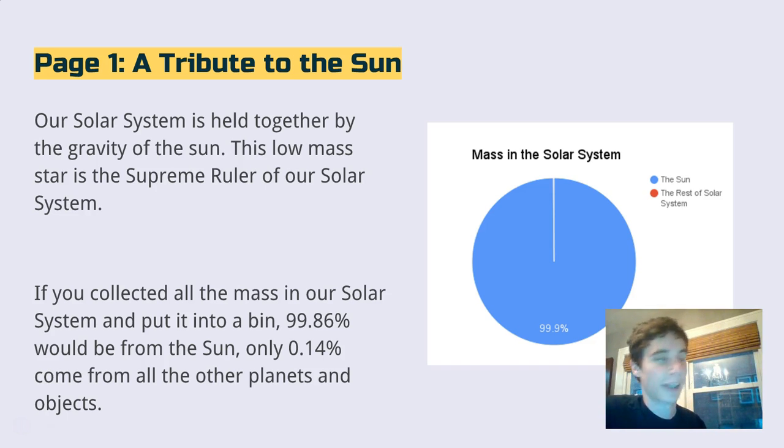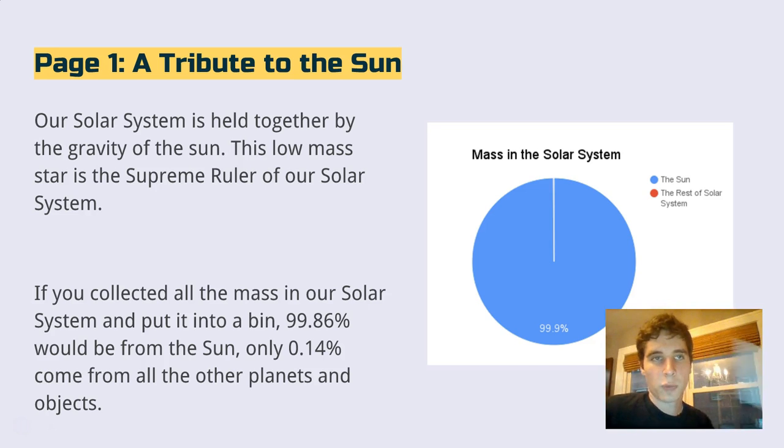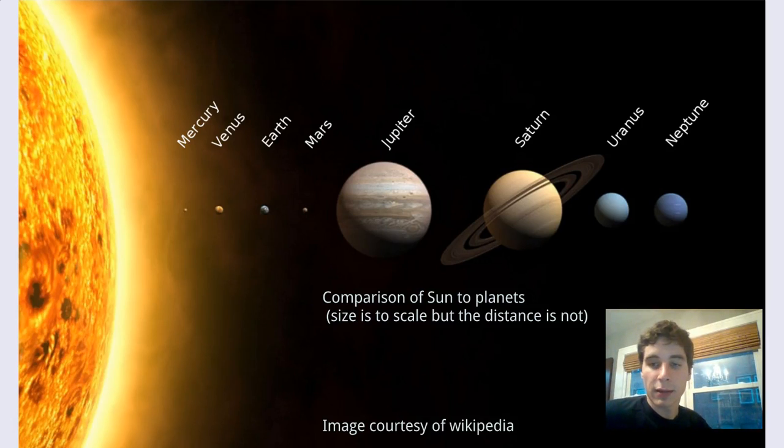So the vast majority of our solar system is the sun. It is the most massive thing by far in our solar system. It's humongous. All right? That's why we are going to give an entire page, the very first page, to the sun. Page 1 of our booklet is going to be about the sun. I've just given you some information there, and we're going to be looking at some other pieces.